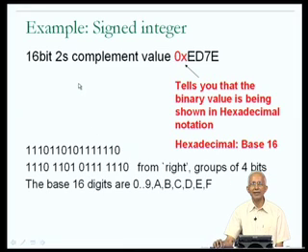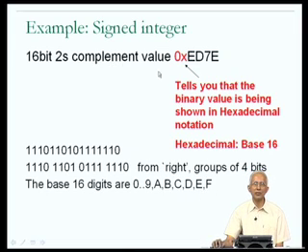In other words, the binary value 1, 1, 1, 1, which corresponds to the value 15, would be associated with the hexadecimal digit F. Similarly, the binary value 1, 0, 1, 0, which corresponds to 10, would be associated with the hexadecimal digit A. So when we read this, we might say 0 through 9, A which is 10, B which is 11, C which is 12, D which is 13, E which is 14, and F which is 15.